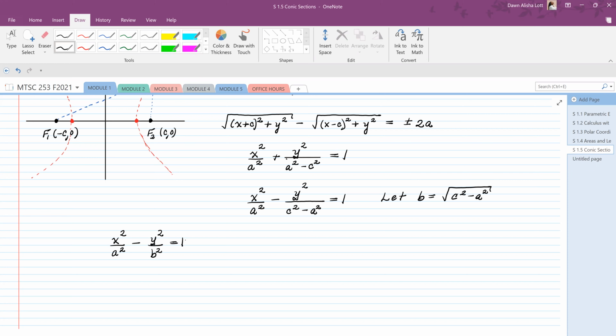Which one is bigger? Well, we get from this relationship that c squared is a squared plus b squared. So I'm trying to think major and minor axis.